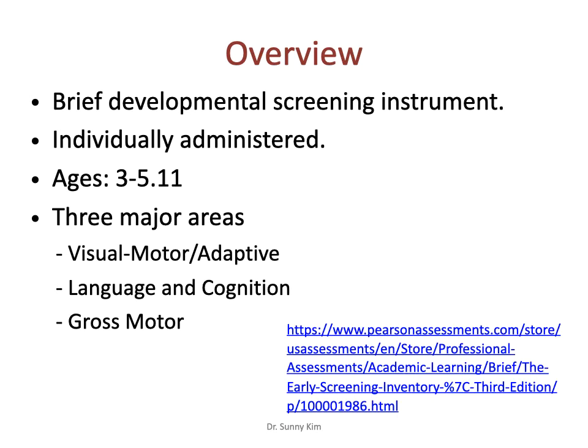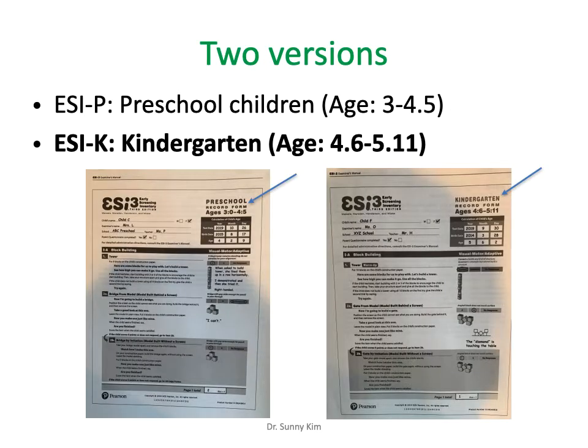And you have to remember each assessment should be individually administered for one child. This tool is for children from 3 years to 5 years and 11 months old. This test has a preschool version, ESI-P, and a kindergarten version, ESI-K.